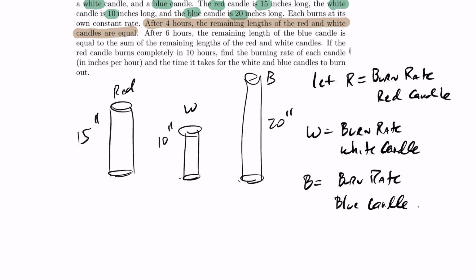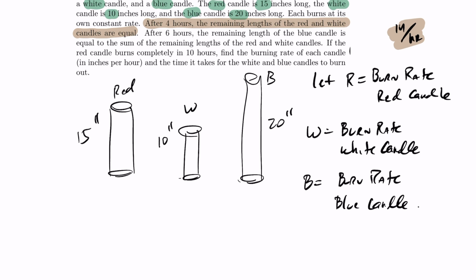So now that I have my variables defined here, R, W, and B are going to be their respective burn rates of the red, white, and blue candle. By the way, the rate of the measurement here would be measured in inches per hour. That will be your units of measurement for these rates of change here.